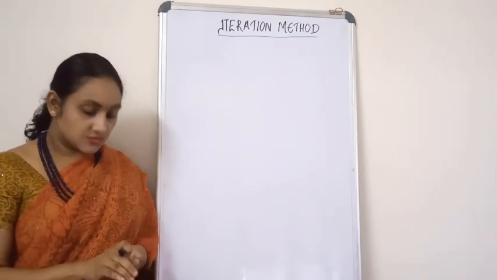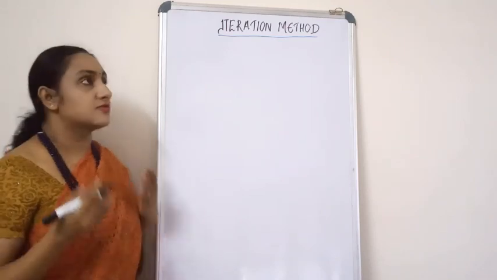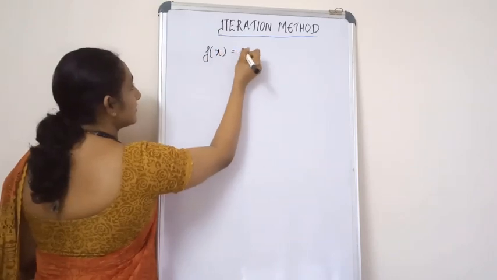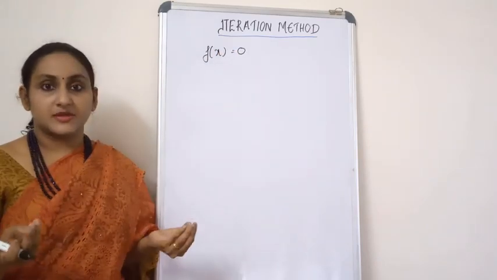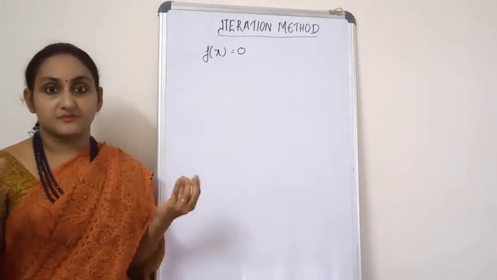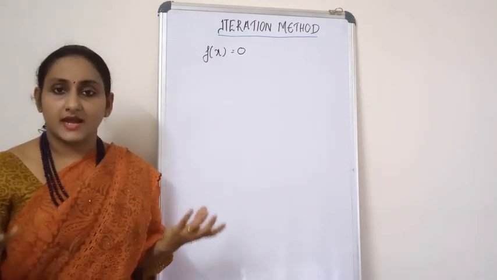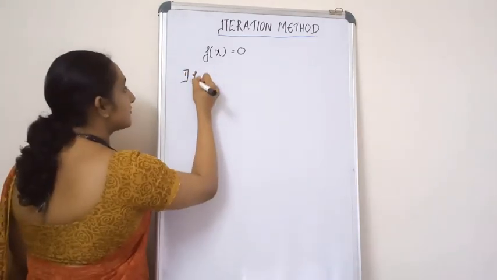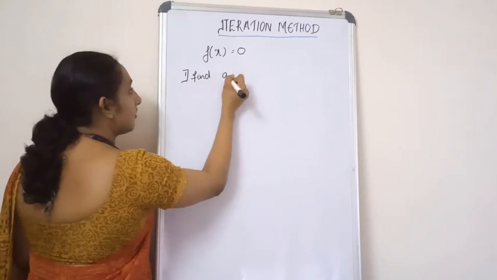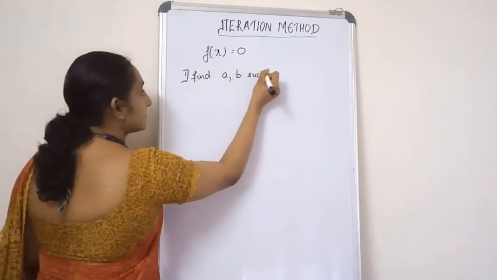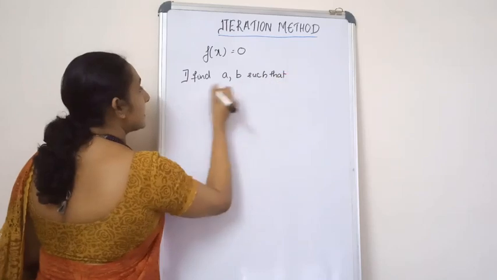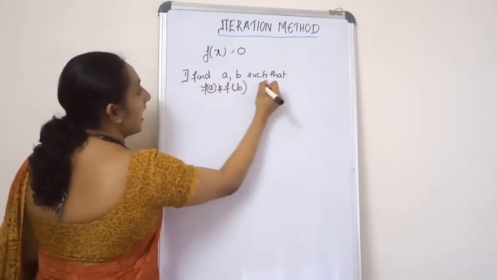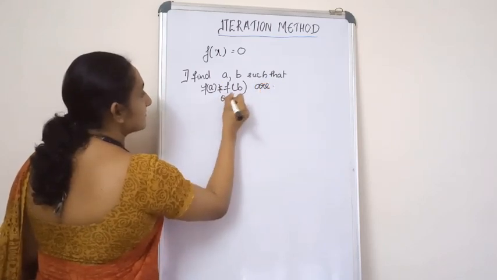As usual, when a function is given to you, for example, if your function is f of x is equal to 0, then sometimes you will be provided with the interval a, b. If a and b are not provided to you, you will have to find them. So the first step is you will have to find a, b such that f of a and f of b are of opposite signs.